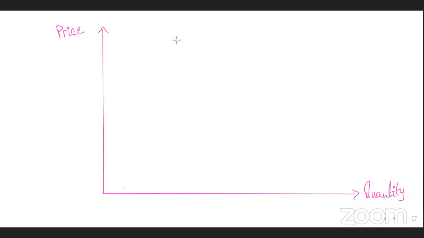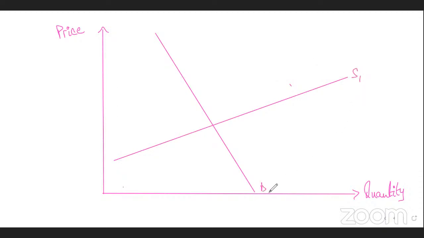Now the first thing, as I said, will make demand inelastic. So the demand curve would be steep, right? And will make supply elastic, right? So supply is elastic like this. So this is your supply curve, this is your demand curve, right? Okay, now where's the original equilibrium?